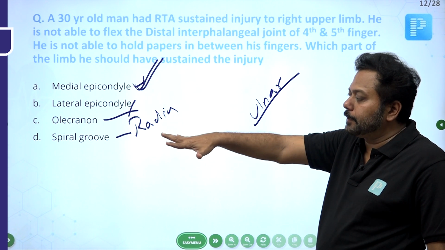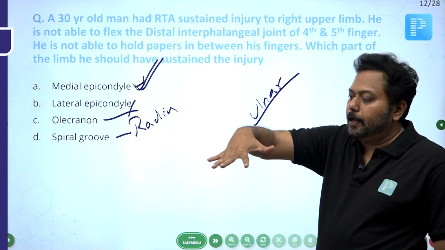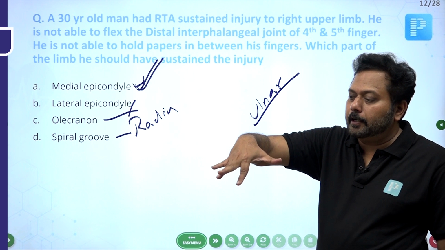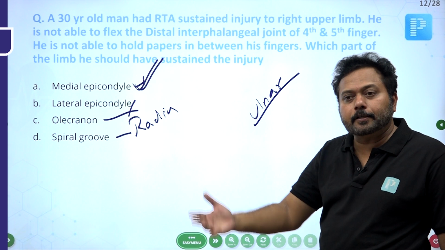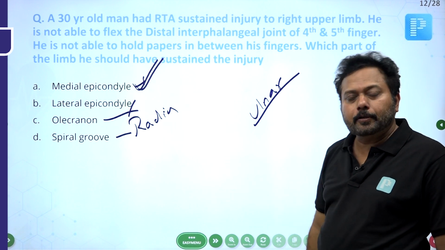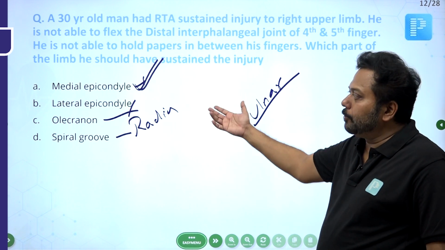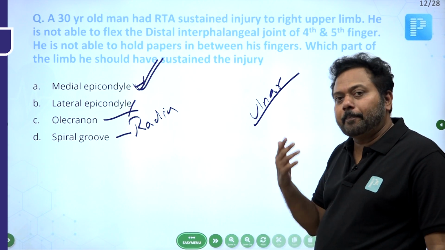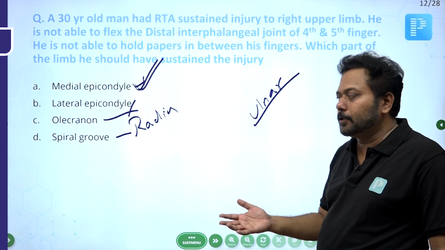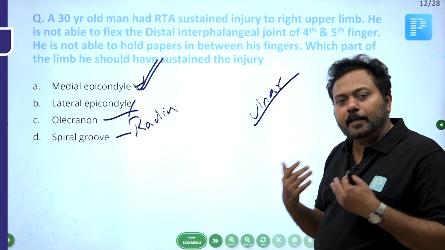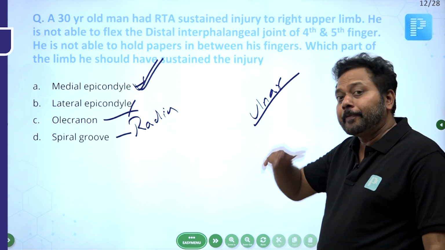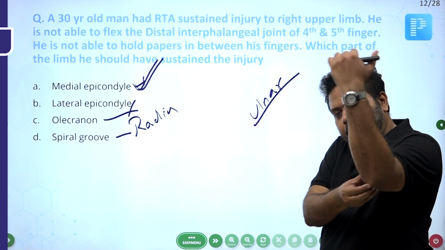With the middle finger, he should be able to move like this, and this is called Egawa's test. So for dorsal interossei, it is Egawa's test. For palmar interossei, it is the card test. The ulnar nerve supplies the palmar and dorsal interossei, so the interossei are gone. That's why he is not able to hold the papers in between the fingers. So this is an ulnar nerve injury at the level of the medial epicondyle.